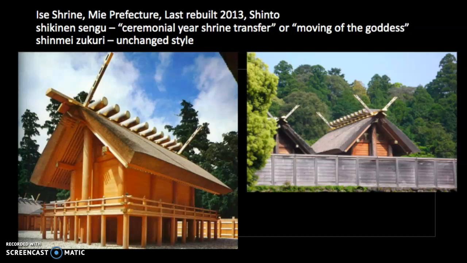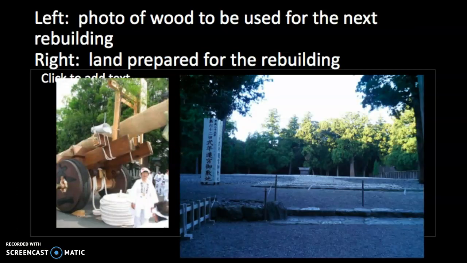And what happens on a set schedule is that this main shrine is rebuilt according to very particular rituals and guidelines. Let me see. Yes, I do have some pictures here.